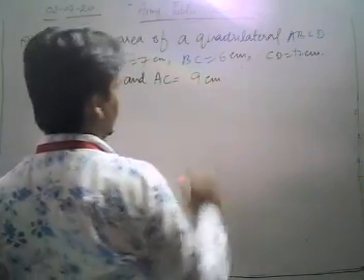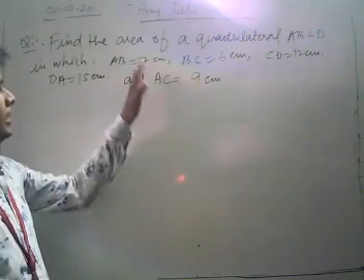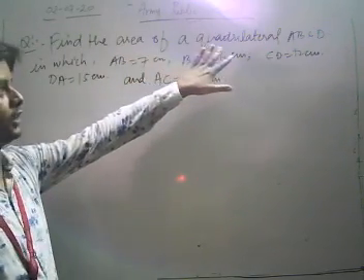Okay. Here your question is to find the area of the quadrilateral ABCD.